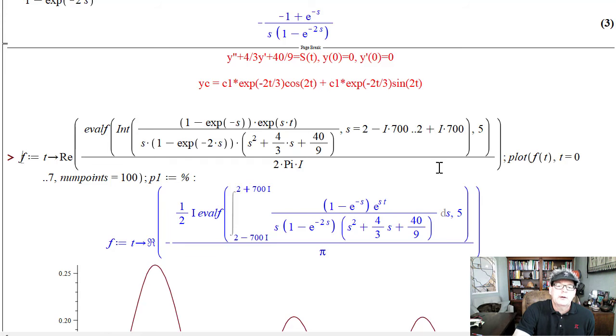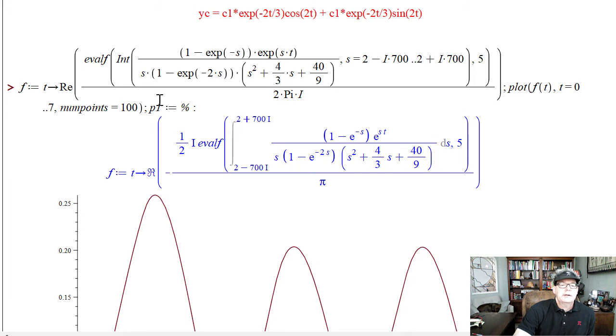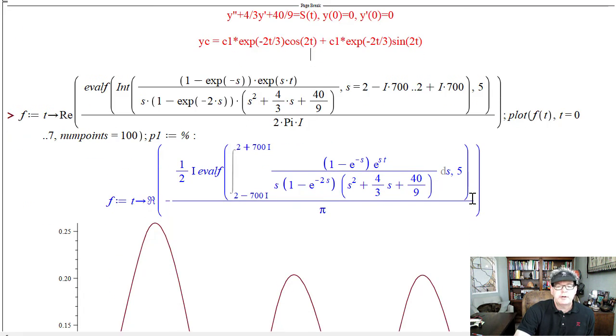I'm not going to run it. It did take a while. But if you do the solution, oh, that's the complementary solution. But I just made y of 0 be 0, and y prime of 0 be 0. Regardless, when you do the Laplace transform, you get a pretty messy result that's very hard to invert.